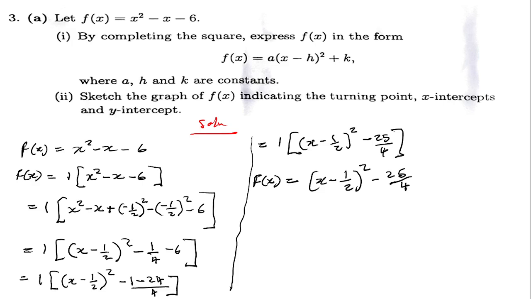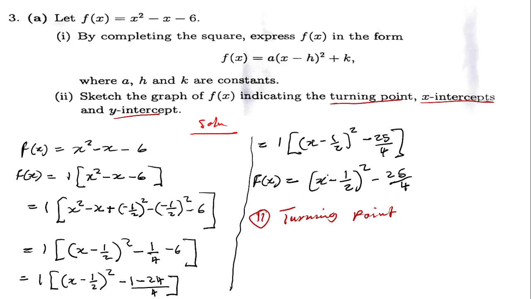So I'll now go to part 2. Sketch the graph of f of x indicating the turning points, the x-intercept and the y-intercept. I'll start with the turning point. For the turning point, I'll say x minus half should be equal to 0, so x is equal to half.